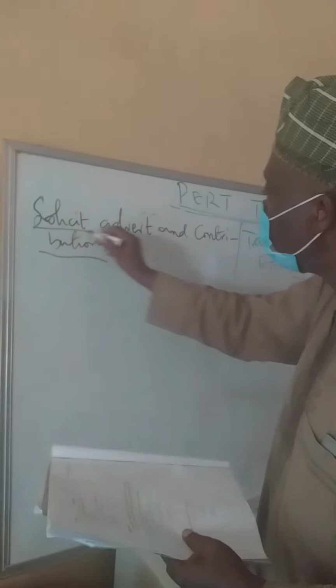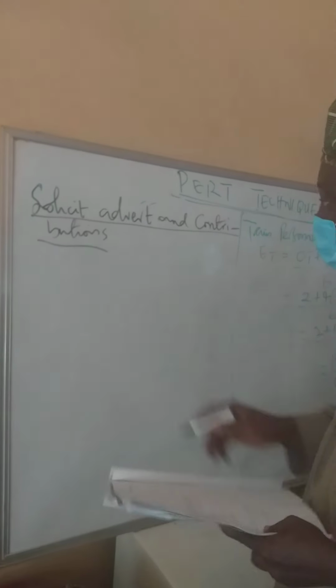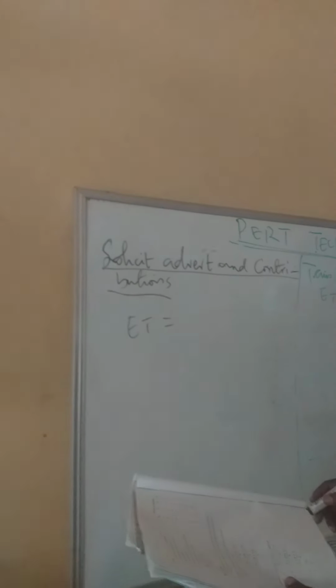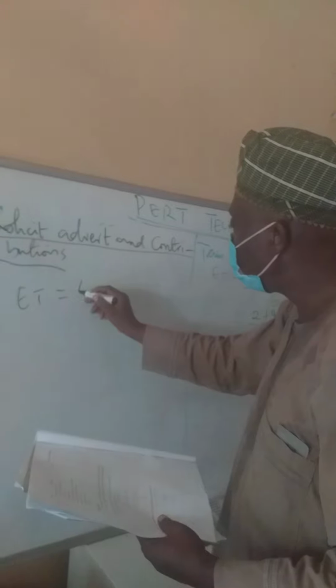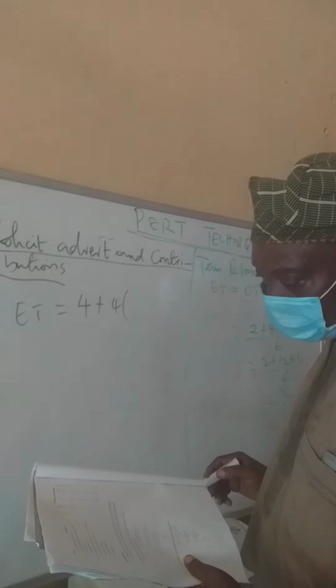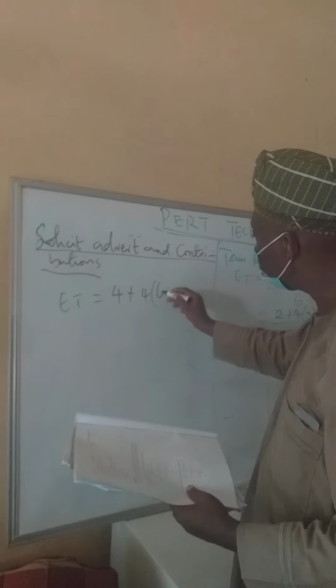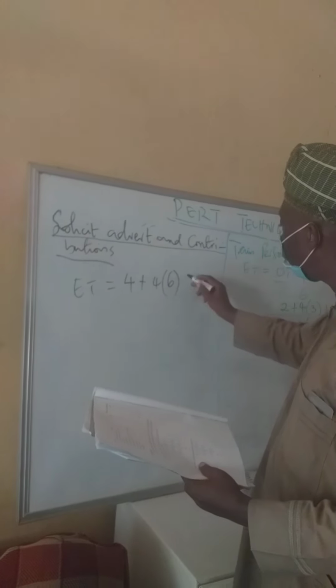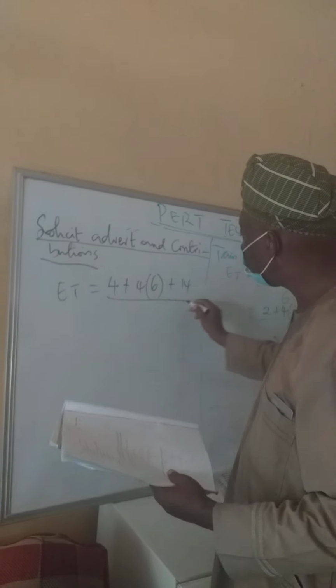So for that we have our OT 4 plus 4 multiplied by 6. The LT is 6 and the PT is 14. All over 6.